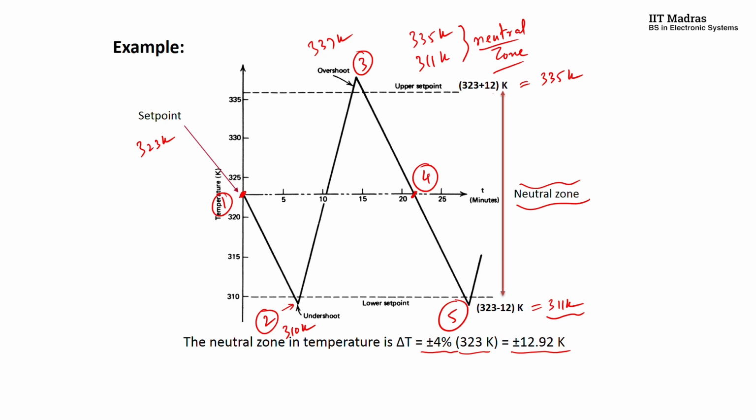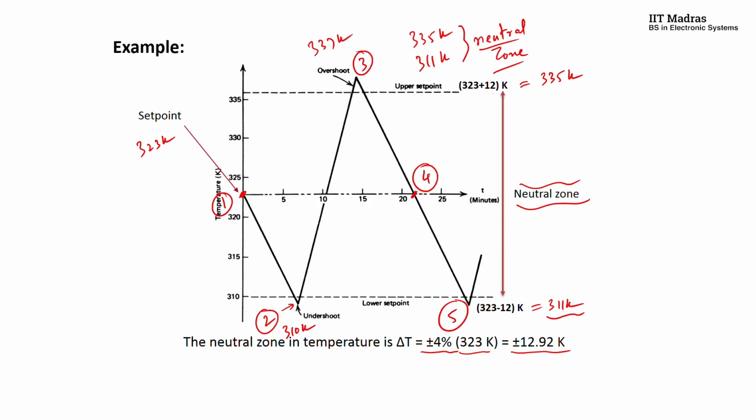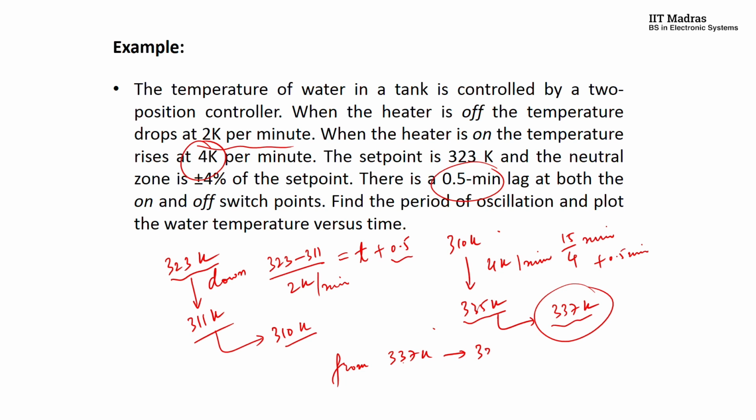Now from 337, this calculation is a little easier based on the rate, because we are not really handling the controller right now. This is a part of the cycle. So from 337 Kelvin to the set value, what is the set value? 323 Kelvin.